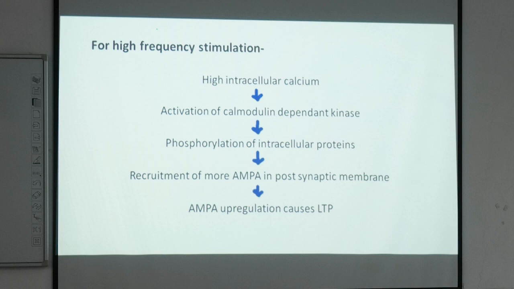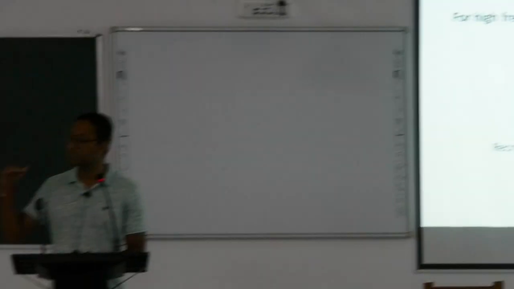So what is happening in long-term potentiation? The final event is that AMPA channels increase in the postsynaptic membrane. With the glutamate receptor, two channels are linked: the AMPA channel, which permits sodium only, and the NMDA channel, which permits both sodium and calcium.